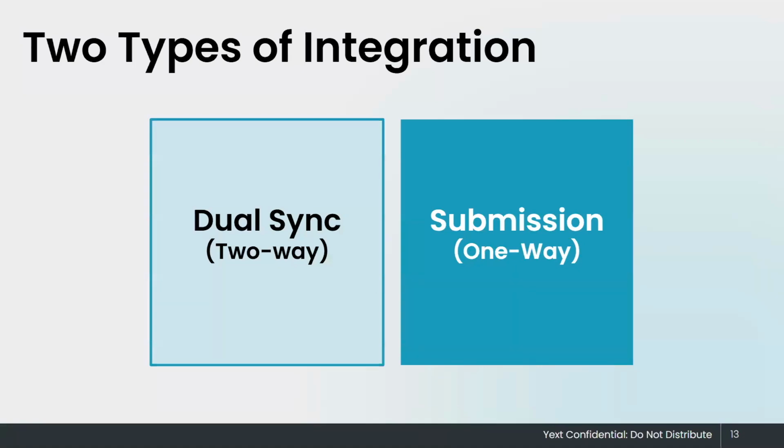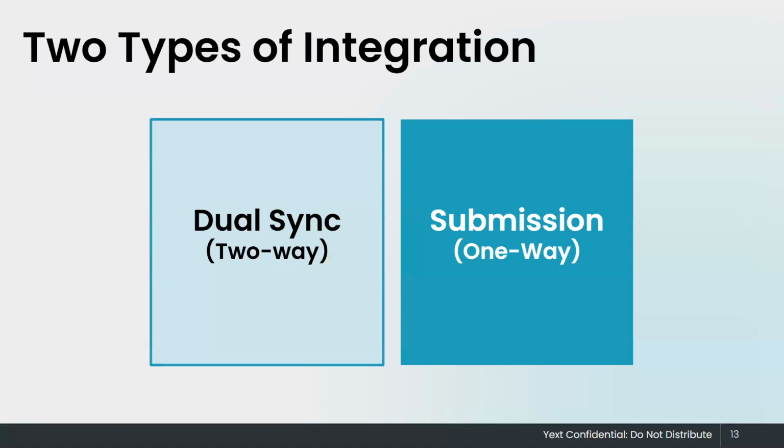The second way is submission. This is one way. The difference here is that Yext still sends the data for your brand from the knowledge graph to that specific publisher, but the publisher partner, sorry, doesn't send anything back to us. So there isn't any analytics data that we can pull from that. Now you're probably wondering, well, why is that?